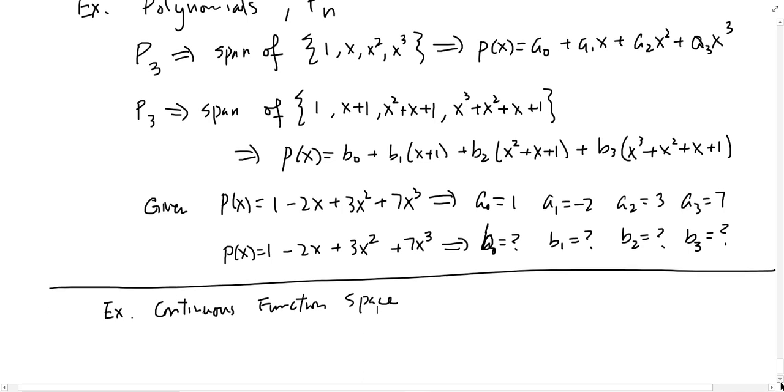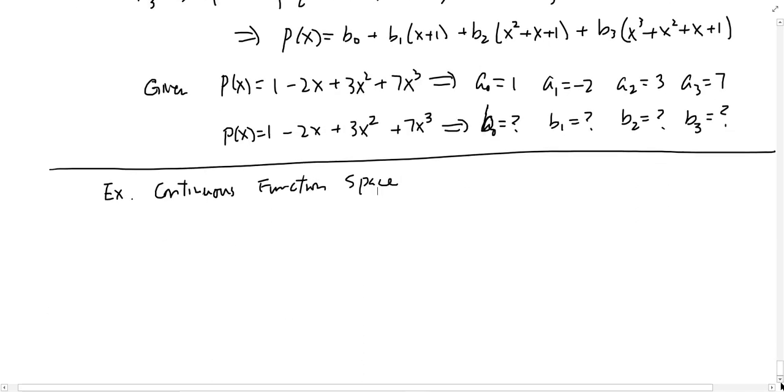The first thing you need to notice is that the continuous function space is really broad because you can pretty much put any kind of function as long as it's continuous. Even if you have functions that are not continuous from negative infinity to positive infinity, you can still define them to be in a continuous function space by restricting the domain from A to B.